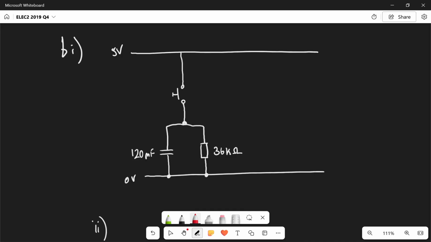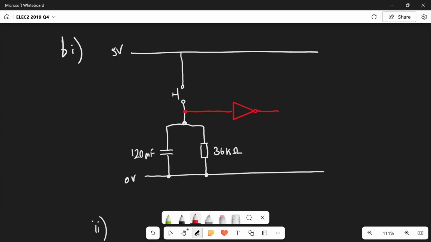Now the NOT gate's the easy bit, so all we're going to do is just attach it there. Don't forget the little circle on the end. But it's the buzzer. What we need to remember is that we want the buzzer to go off when the door opens, the contacts close.